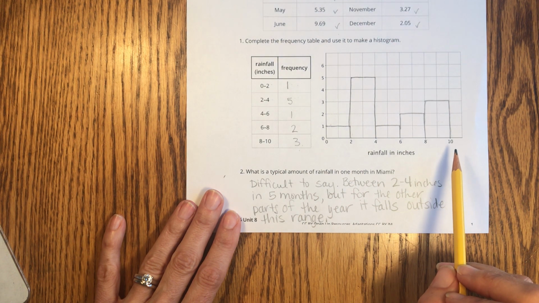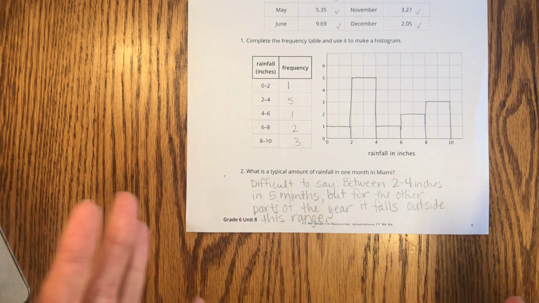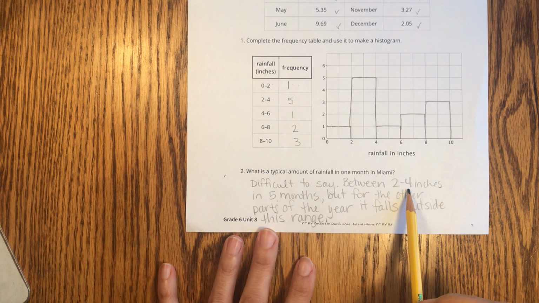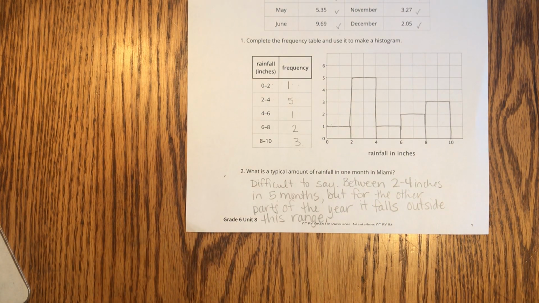You might have to find the average or something like that, and we haven't worked with that yet. So I said between 2 and 4 inches are in 5 of the months, but for the other parts of the year, it falls outside this range. So really, that 2 to 4 inches only happens for 5 months, and then the rest of it has some differences and discrepancies. So hopefully you didn't spend so long trying to figure out the typical amount, because it's really difficult to tell from this information.